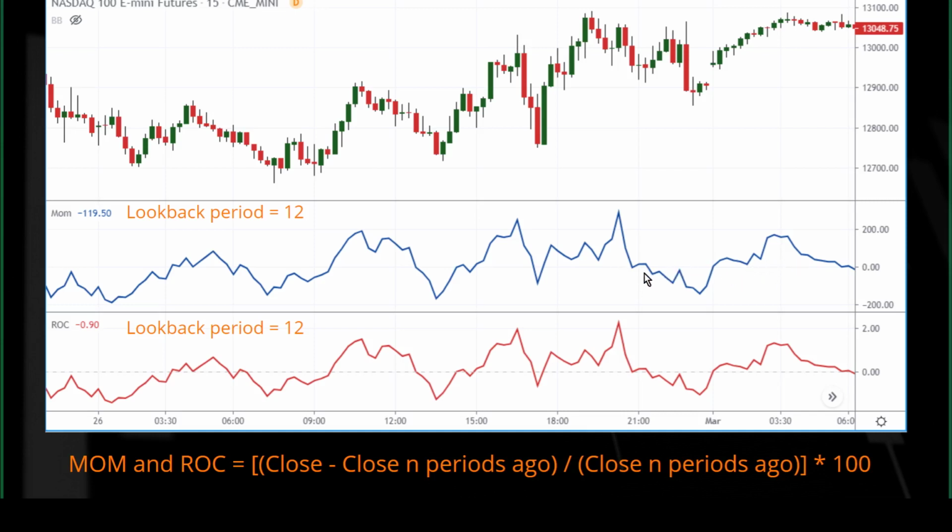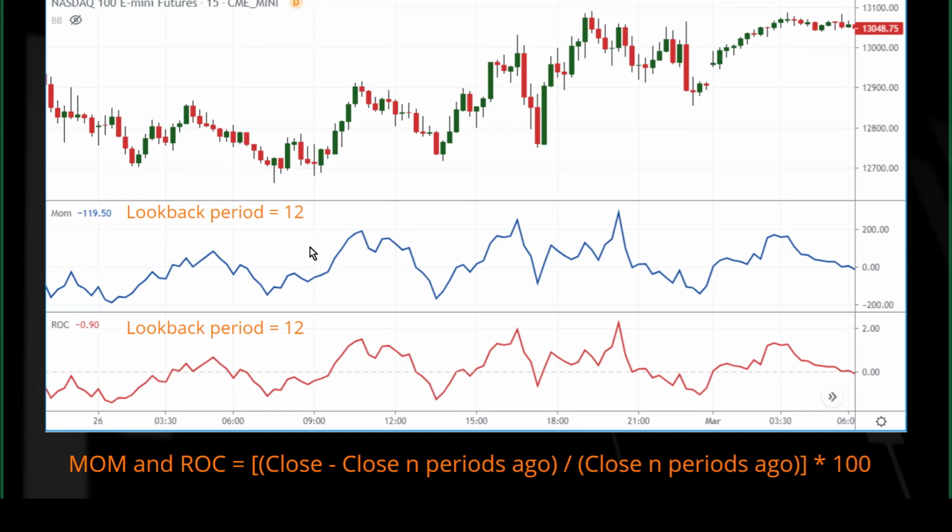RSI can't move beyond 100 or below 0, but this indicator can move to any number really. There's no limit there. That basically means you can't look for overbought or oversold levels with a momentum indicator. It's what the name says it is. It tells you what the momentum is like.